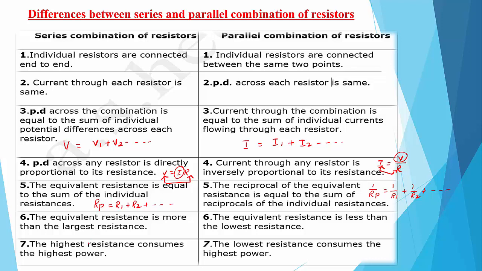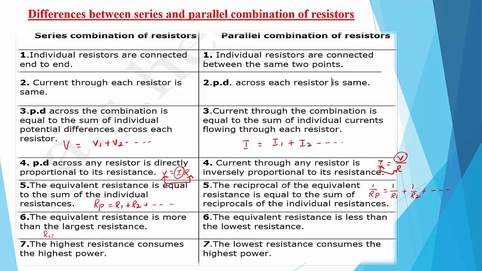Then come to the sixth difference. In series, the equivalent resistance is more than the largest resistance. I explained that in the previous session.